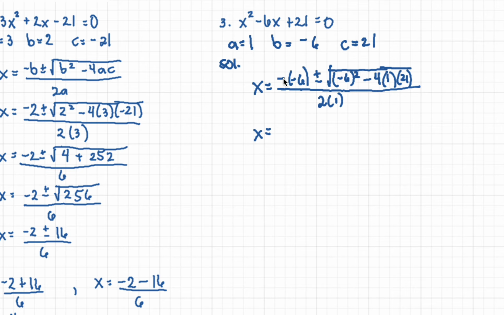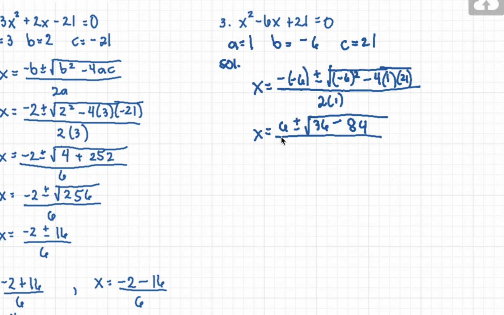So x is equal to negative times negative is positive. So this becomes positive 6 or 6 lang. And then negative 6 squared becomes positive 36. Okay, minus. So we'll have 4 times 1 is 4. And then 4 times 21 is 84.